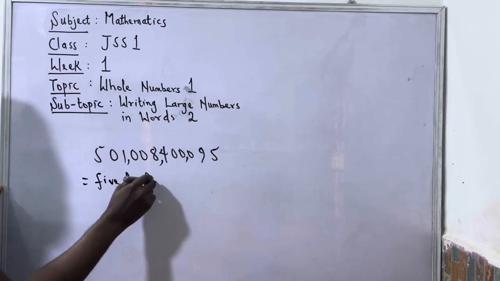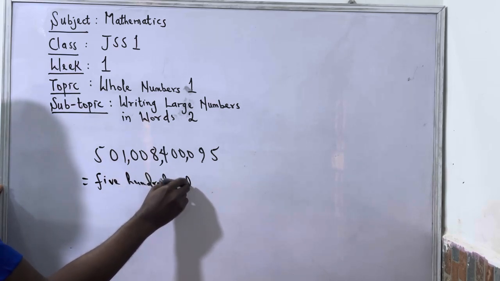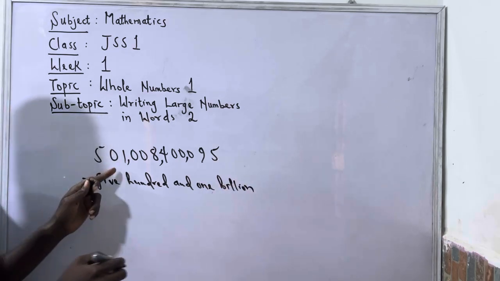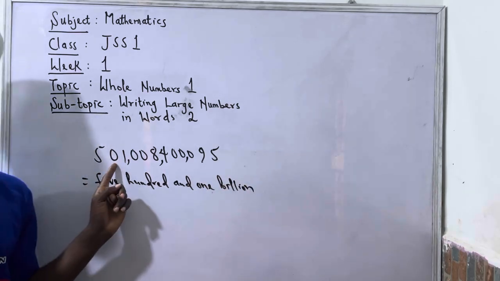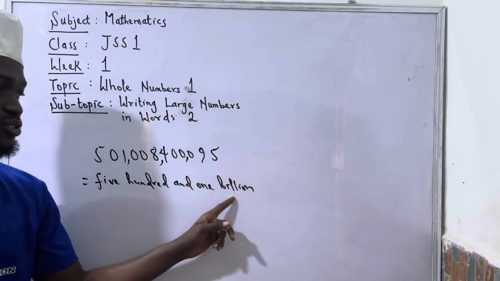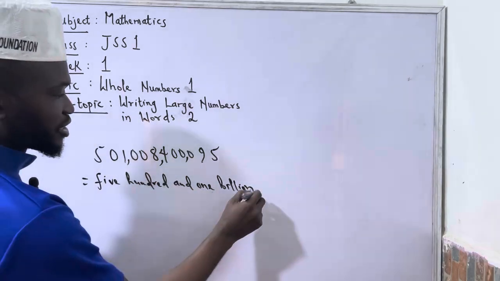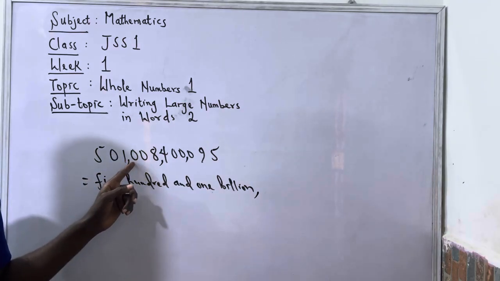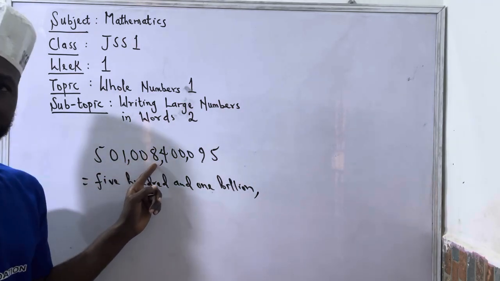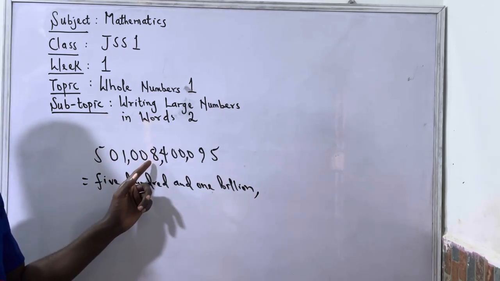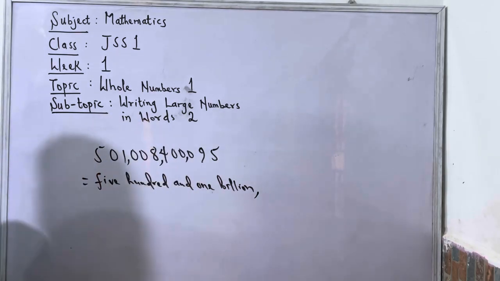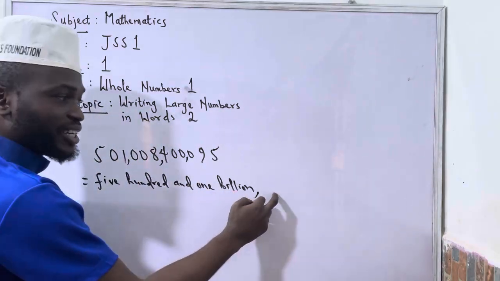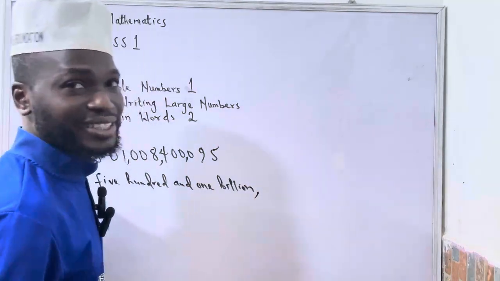So we have 501 billion. After pronouncing 501, since they belong to the billion family, I have to write the family name. Then after that, I put a comma. Next, this one is 008. We can't say 00 and 08. It doesn't make sense. I will omit the zeros in my mind, and when I'm writing it, I will act as if I'm not seeing them.